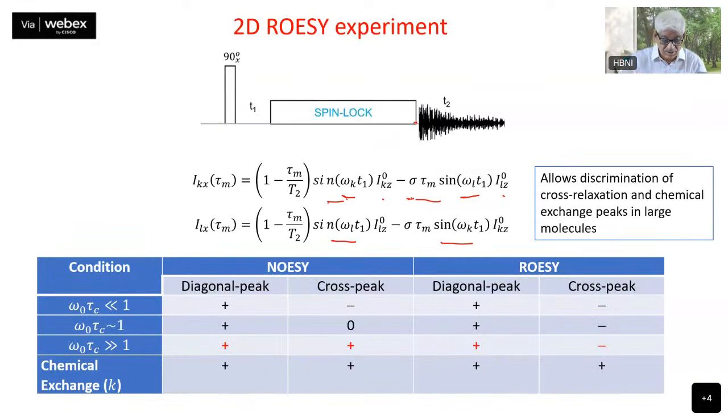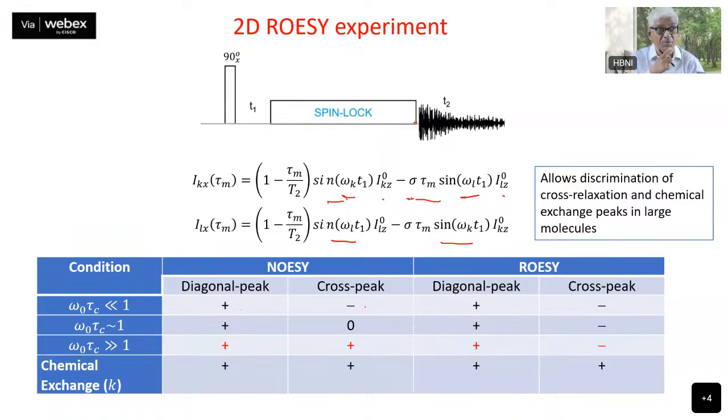Okay. Now you see here, this calculation has been done for various kinds of situations: omega naught tau c much smaller than 1, omega naught tau c equal to 1, omega naught tau c larger than 1. And what is given here is the sign of the peak for the different situations. Earlier we already saw for omega naught tau c equal to 1, the diagonal peak is positive and the cross peak is negative.